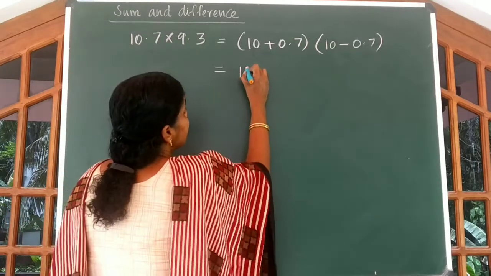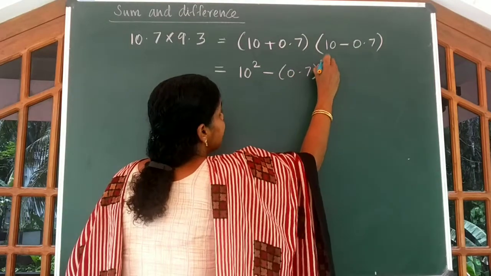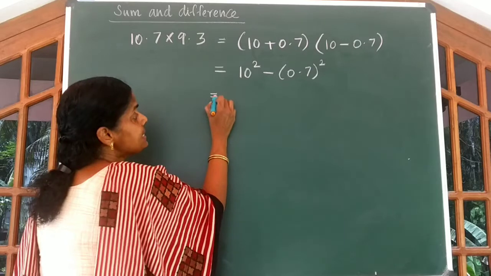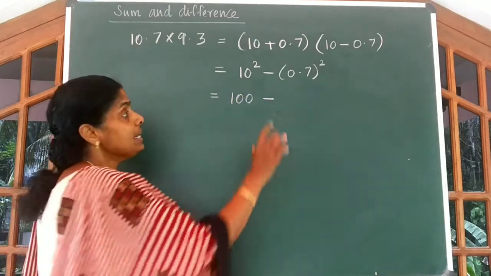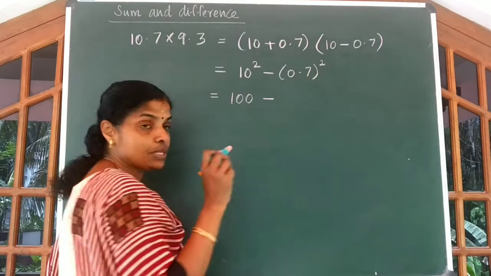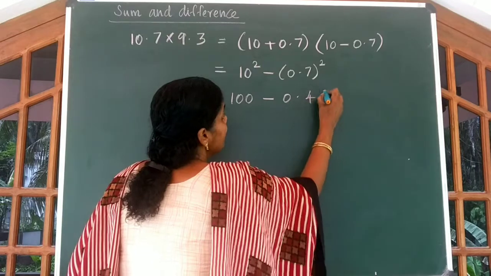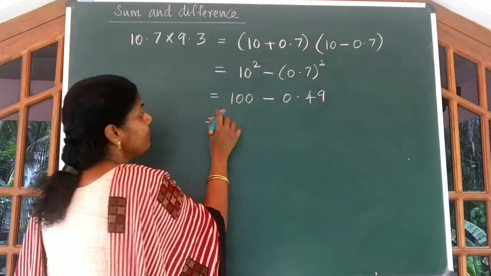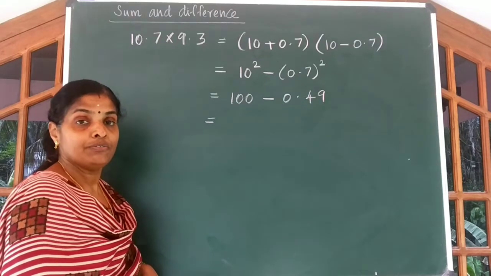So you get 10 squared minus (0.7) the whole squared. What is 10 squared? You get 100 minus 0.7 into 0.7 gives you 0.49. That is, from 100 you are going to subtract 0.49.